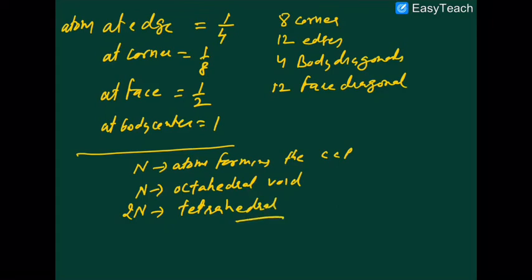In addition to these two voids, you can have triangular voids, square planar voids, cubical voids, various types of voids. But in your present discussion, you are only given octahedral and tetrahedral voids. These are very important, and most of the questions in your examination are confined to these topics.